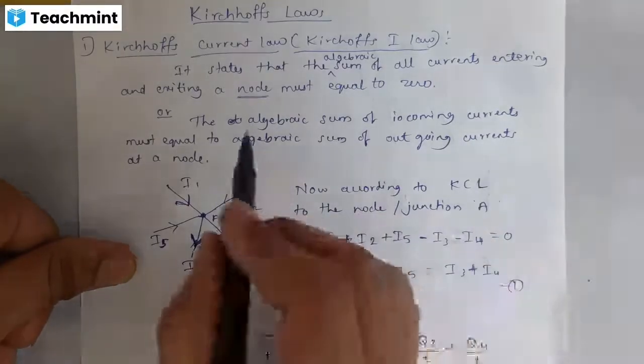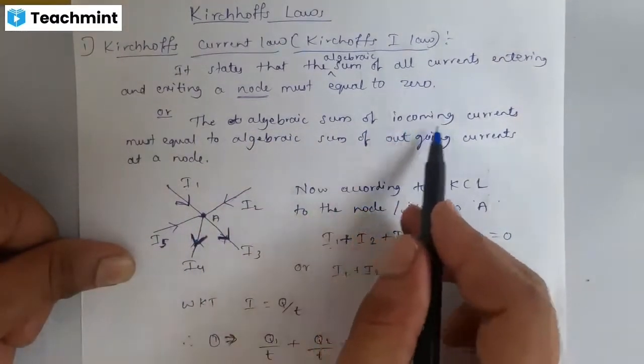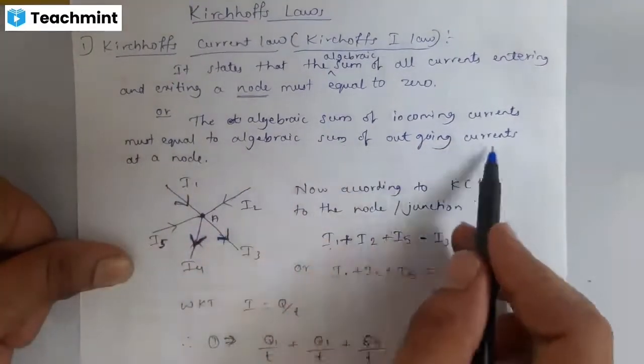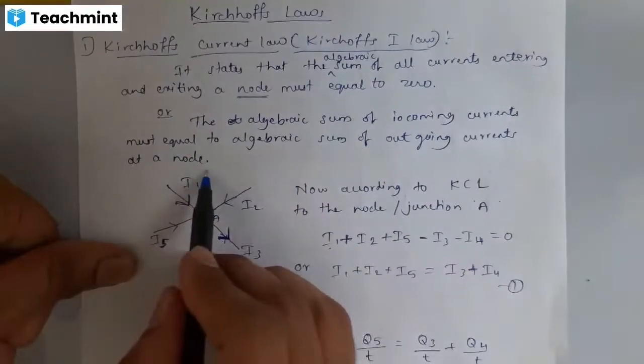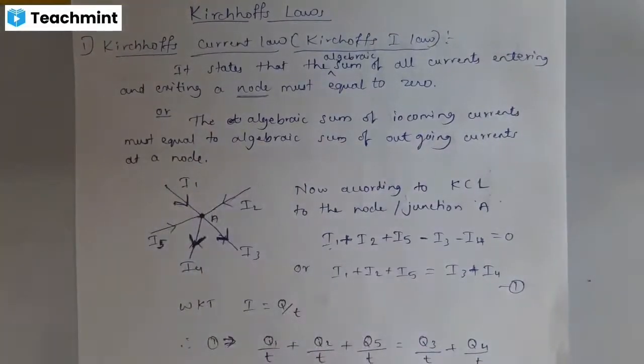Another statement is that the algebraic sum of all incoming currents must equal the algebraic sum of all outgoing currents at a node. Whatever incoming currents are there, the sum of those must equal the sum of outgoing currents.